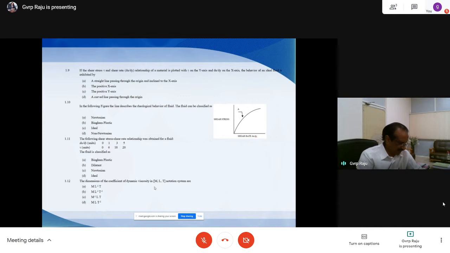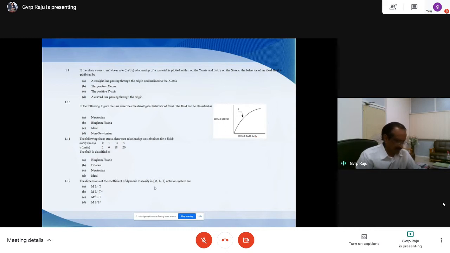So kg force, M L by T square, seconds T, divided by L square.